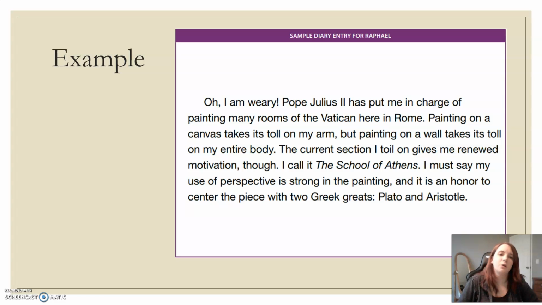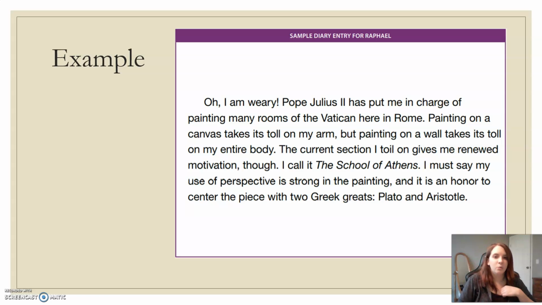So notice how in this one I use I, and I wasn't referring to Raphael as Raphael or him. I refer to it as if I was that person. So make sure that when you are creating your diary entry, you're using it in your own perspective. Also notice how it's talking about, oh my goodness, if you're painting a wall, that's gotta hurt because your arm is moving the whole time.